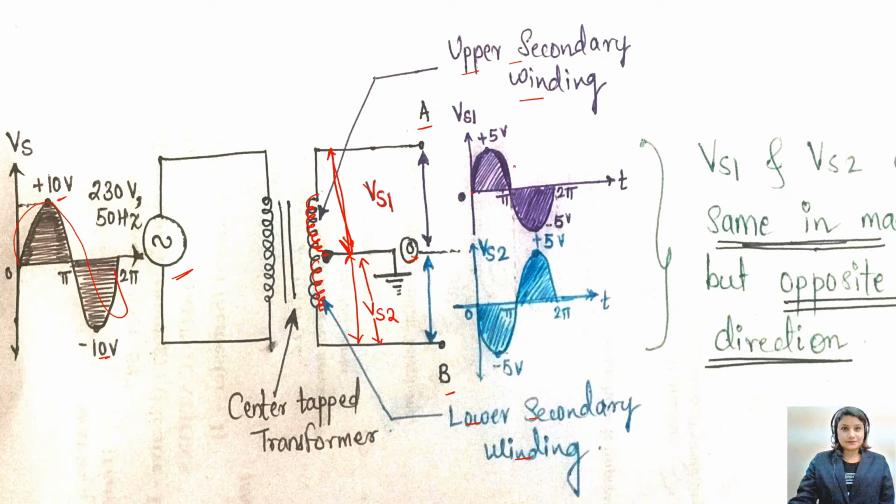That means plus 5 and minus 5. But you can see their directions are opposite. So that means Vs1 and Vs2 are the same in magnitude but opposite in direction.